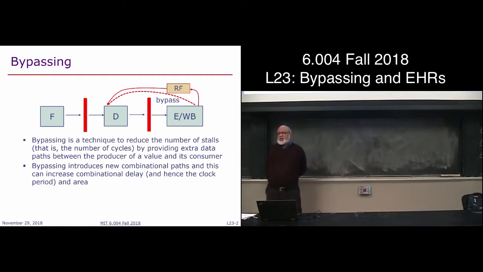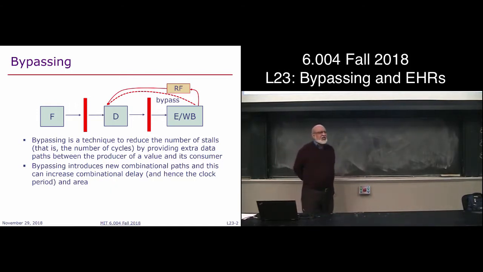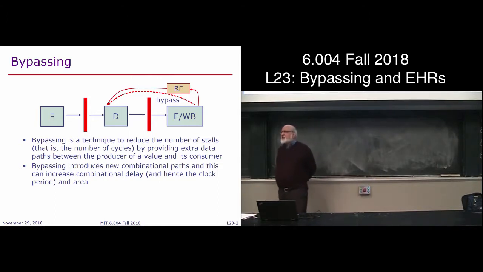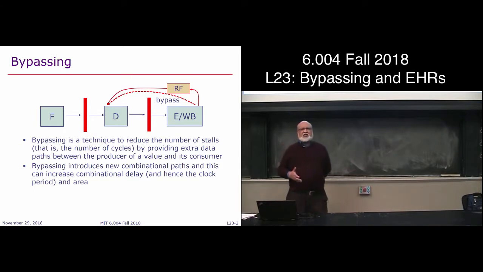Now there are a couple of things which are well known, and yet it's hard to measure unless you have the right tools, unless you do synthesis of your design. One of them is that the benefits of bypassing at some level are very obvious to you. You'll be able to see, oh yeah, it should eliminate a cycle here, a stall there, etc. But what is much harder to estimate is what impact it has on the clock cycle. Because bypass, by its very definition, introduces new combinational paths in your design.